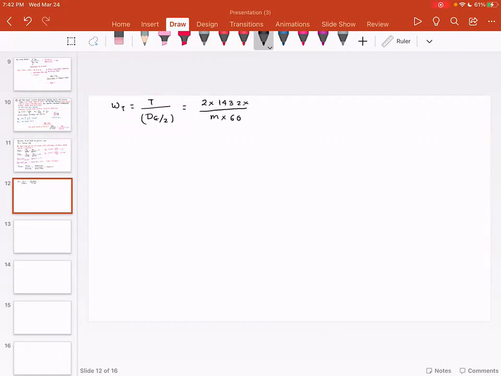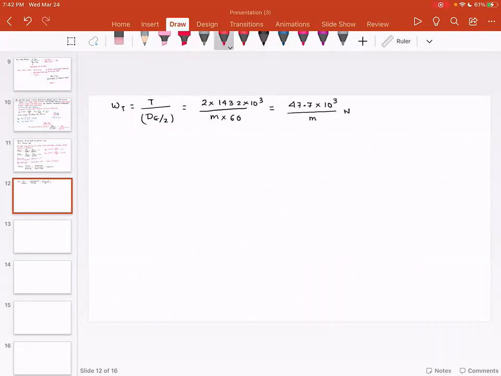Now to convert this into millimeters, I will convert the torque from Newton meter to Newton millimeter, and the answer that I have for WT is 47.7 times 10 to the power 3 divided by m newtons.